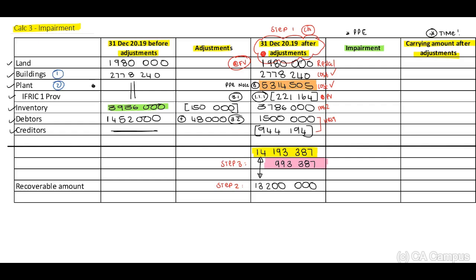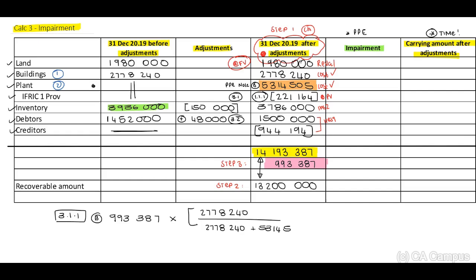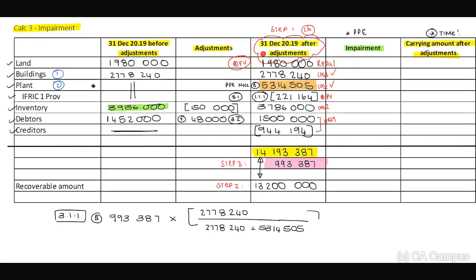Therefore, at the bottom of your screen, calculation 3.1.1, I need to allocate the impairment amount, which is the 993,387, and I'm going to allocate this to my buildings first, and this will be the 2,778,240 over the 2,778,240 plus the 5,314,505, proportionately, guys, remember.